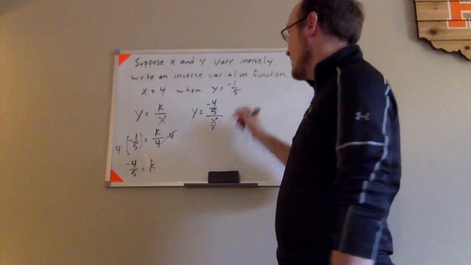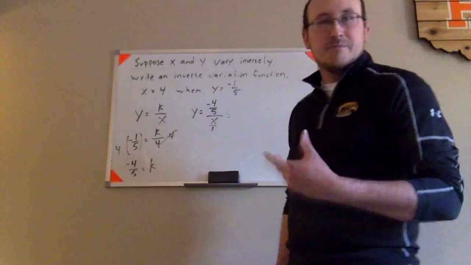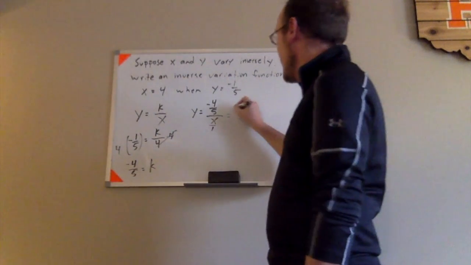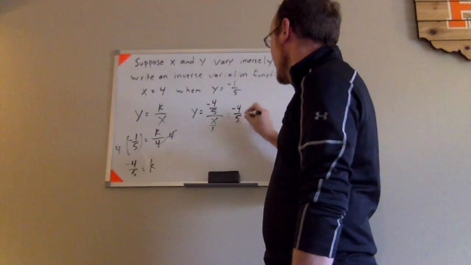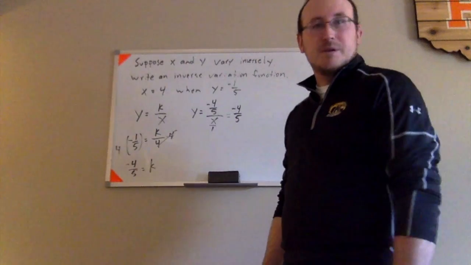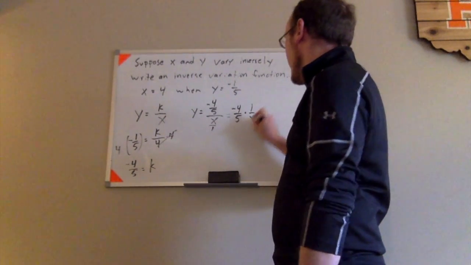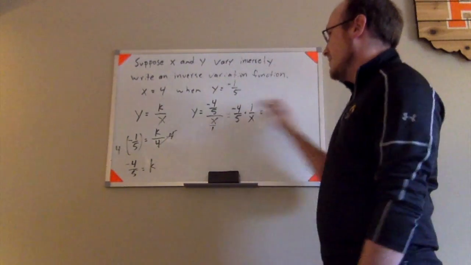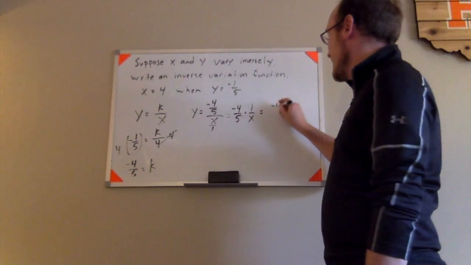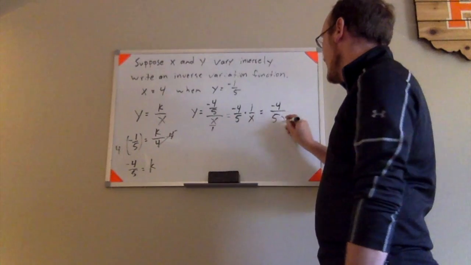So when I divide by something, that's equivalent to multiplying by its reciprocal. So here I have negative 4/5. Instead of divided by x, I can multiply by the reciprocal. The reciprocal of x would be 1 over x. And then when I multiply straight across, this gives me negative 4 on top over 5x.